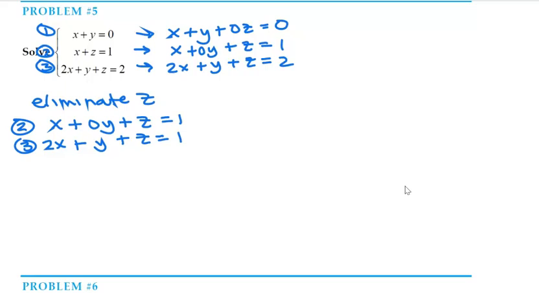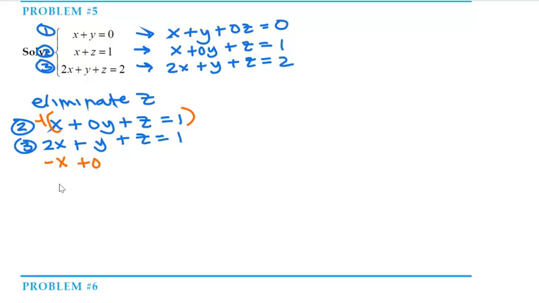All right, so to make these eliminate, I need to multiply one of the equations by a -1. So I'm just going to take that top one, multiply it by a -1, and write my results down here. So -x, and then when I have 1 time or 0 times anything, it's just going to be 0.